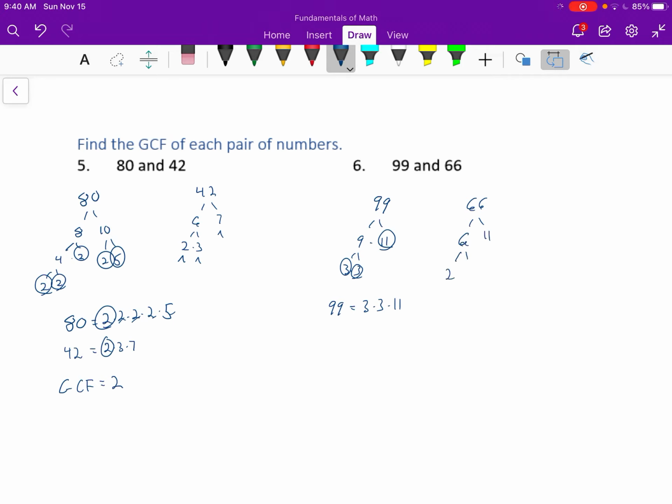But 6 is just 2 times 3. And those are the prime factors. So we have 66 is 2 times 3 times 11. We have 3 and 11 as common factors. So our GCF is 3 times 11, which is 33. So that's the first part of the quiz, finding the greatest common factor.